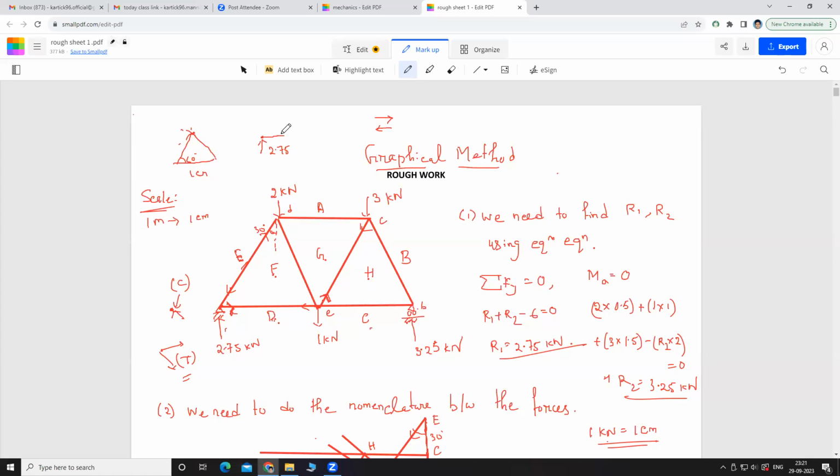Suppose we are assuming that it is in this direction. And for this one, that one will be parallel to this line, so it will be in this direction, and the angle here is 60 degrees. Suppose we are taking it away, that is our assumption.